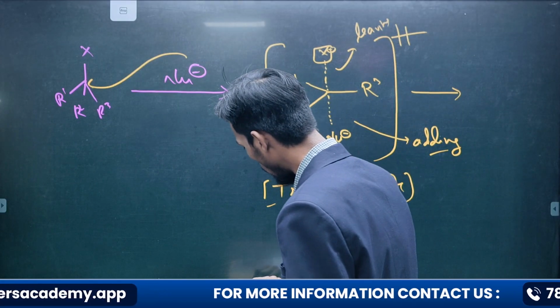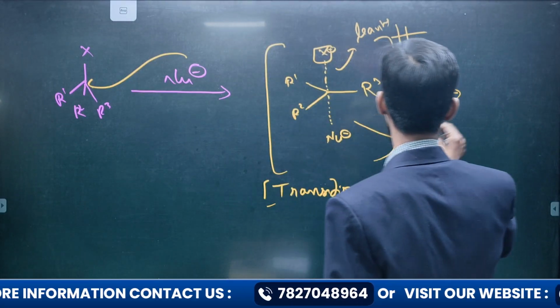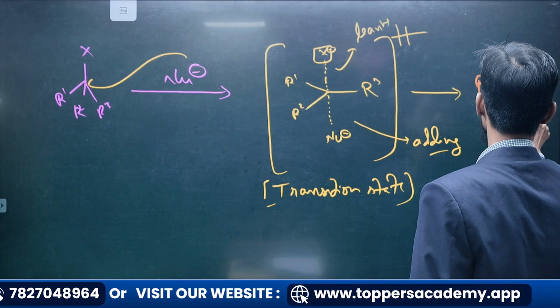They are formed for a very short amount of time. And afterward we will get a product. This will leave and this will attach over here. We will get a product like this.